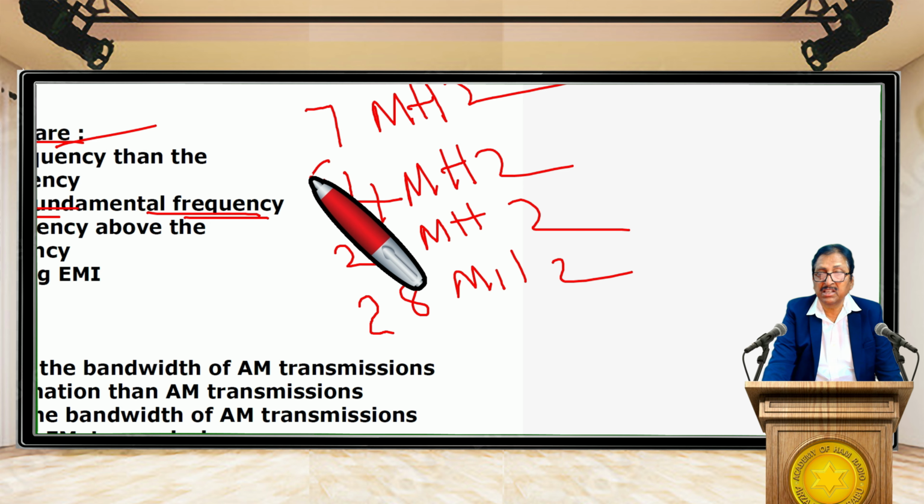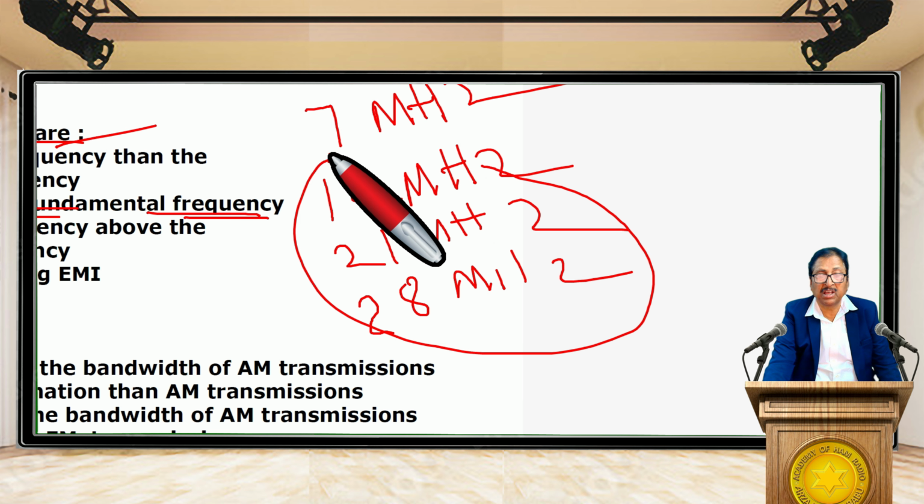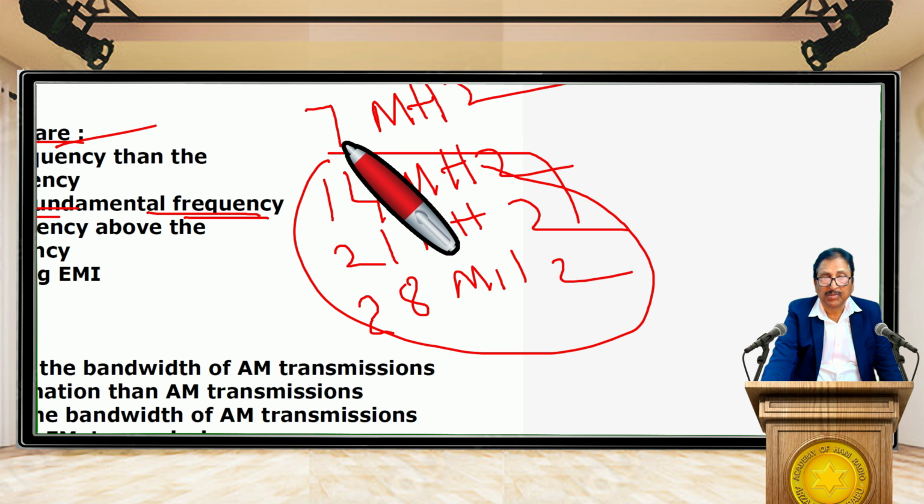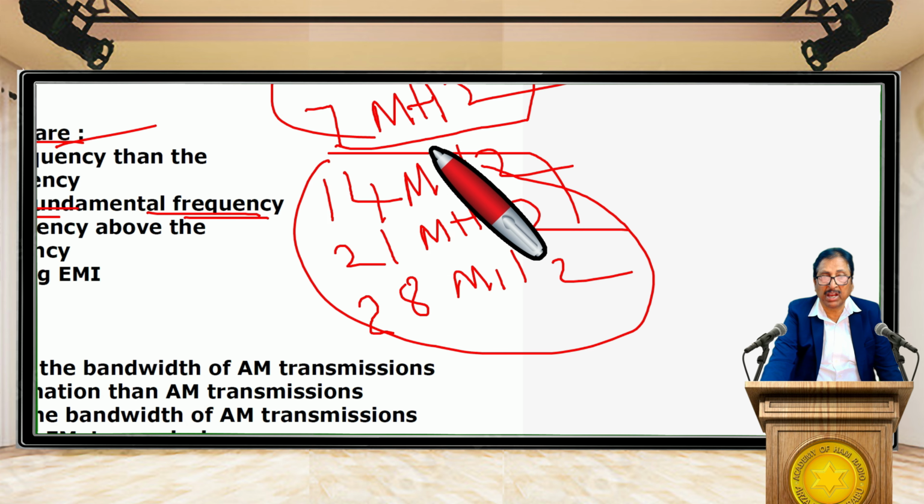All these multiples are called harmonics of this fundamental frequency, 7 megahertz.